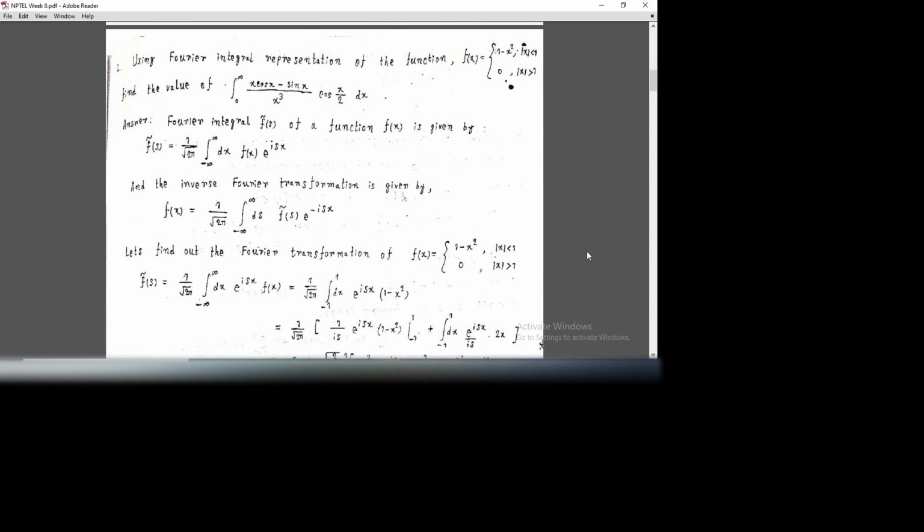You can also verify this answer using the technique of complex contour integration that we have discussed earlier. That will be a very instructive exercise, and that problem is not very straightforward, but it will definitely be a good exercise to do this integral using the complex contour integral technique. That should also give you minus 3 pi by 16.